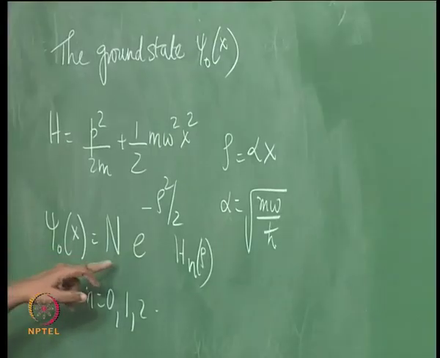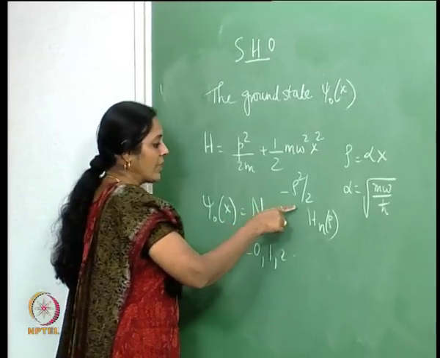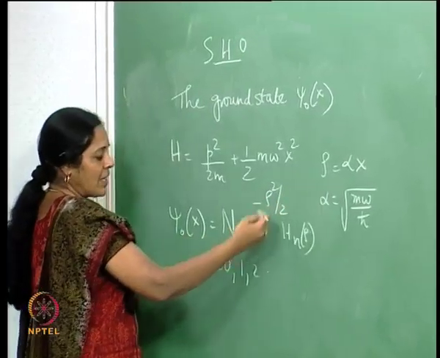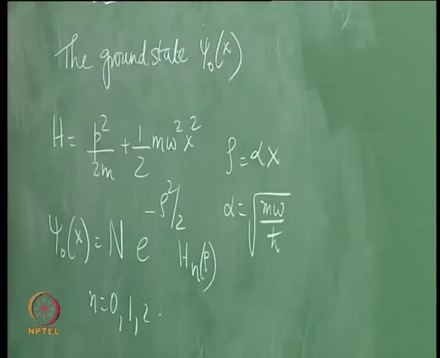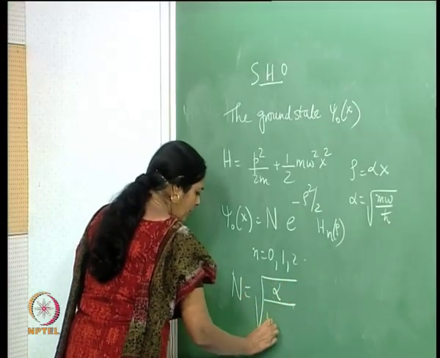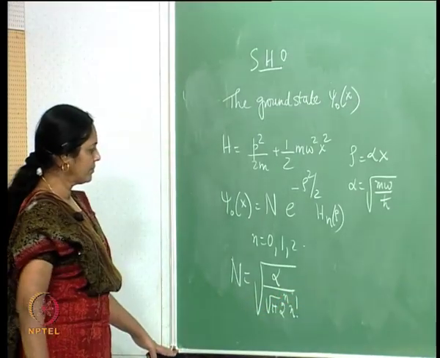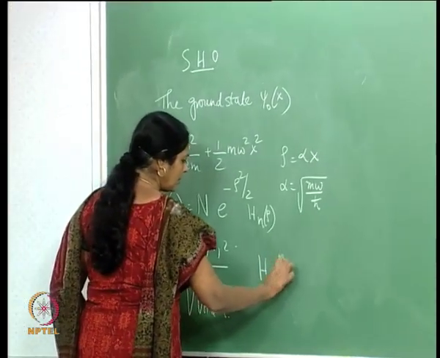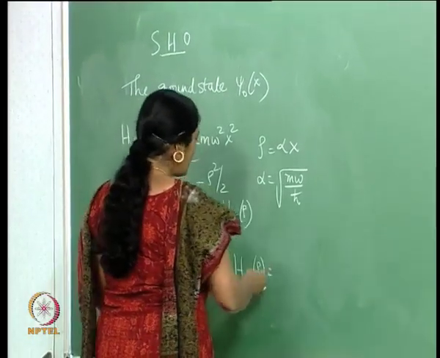So this was a normalization. This came by looking at what happens when x goes to infinity, or rho goes to infinity, the asymptotic form, and the Hn of rho are the Hermite polynomials. This normalization N itself is root of alpha by root pi 2 to the n factorial, and Hn of rho is the Hermite polynomial.